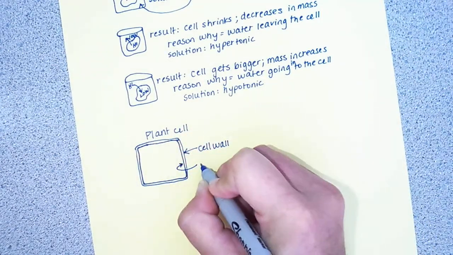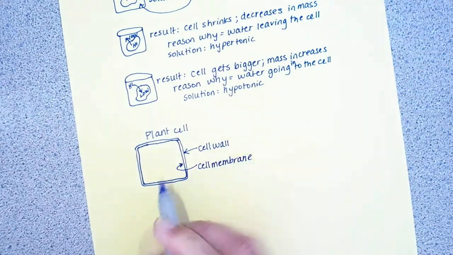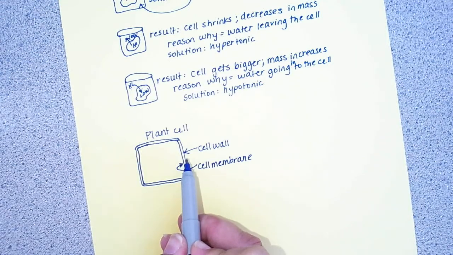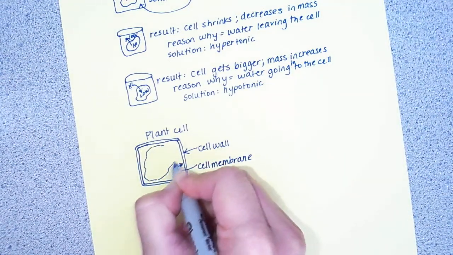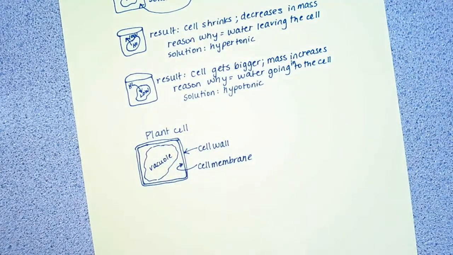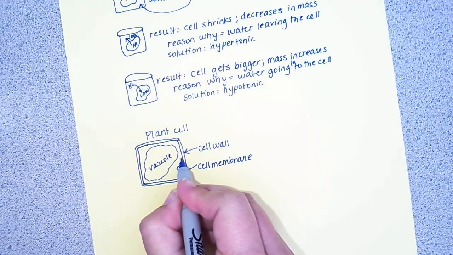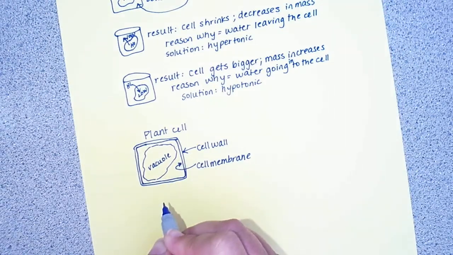And I'm actually going to flip my arrow like that so you can see that. The reason why the cell membrane is so close to the cell wall is usually because somewhere in here we have a pretty large vacuole that's filled up with water, and it puts pressure on that cell membrane, and the pressure then forces it up against the cell wall.